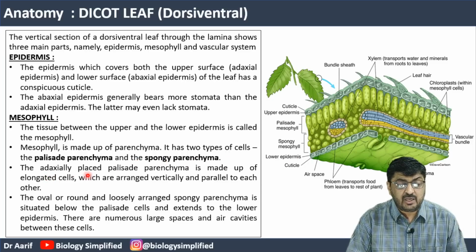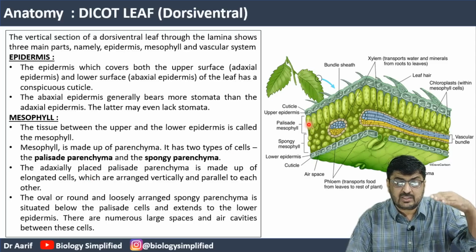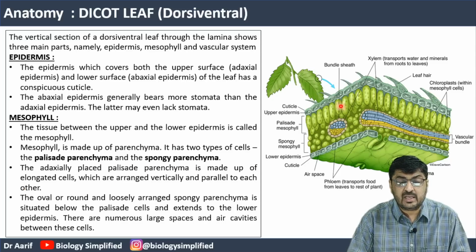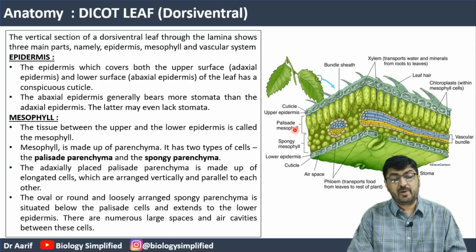The adaxially placed, upper side पे, ऊपर है देखो यहां पर, right? Adaxially placed is made up of elongated cells. The cells are elongated here, which are arranged vertically parallel to each other. That is called palisade parenchyma. This is the palisade parenchyma, right?